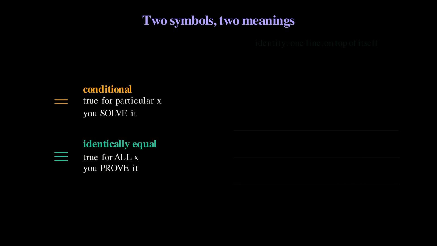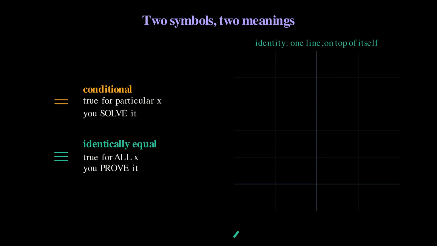Plot both sides of the identity: y equals 2(x plus 4)... y equals 2x plus 4 in green, and y equals 2 times (x plus 2) in gold. They are the exact same line. The gold sits perfectly on the green, coinciding at every point. That's what true for all x looks like. Not a crossing, a complete overlap.